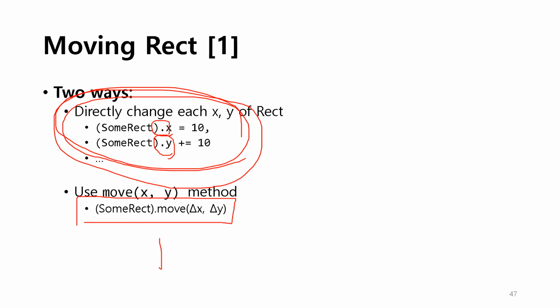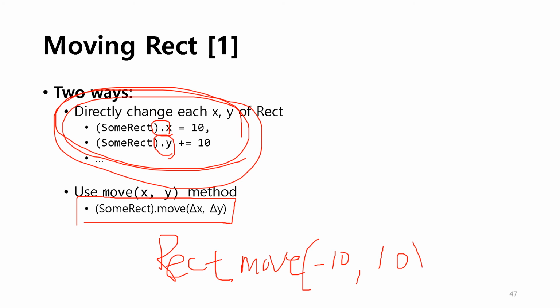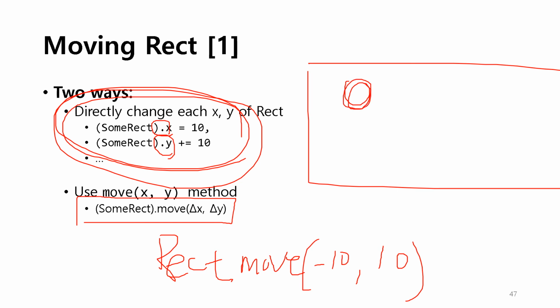For example, some rect dot move(-10, +10). Then suppose that the Rect is here, then it moves in the -x direction, so here, and +y direction here. So the Rect moves to here. Understand? I recommend using the second one because it is more straightforward, right?